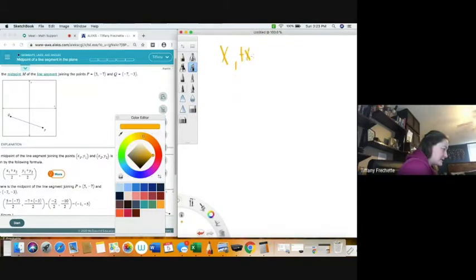So we have x1 plus x2 divided by 2. And then we have y1 plus y2 divided by 2. So we write this as a coordinate because in the end, this is actually the coordinate. And where we get x1 and x2 and y1 and y2 is from the actual coordinates that they give us.